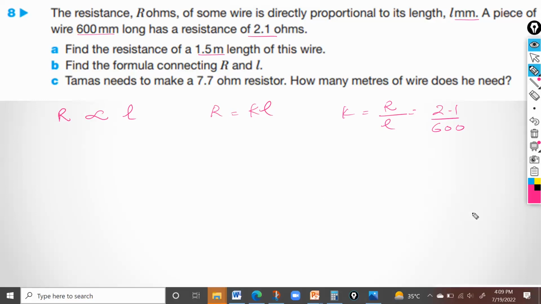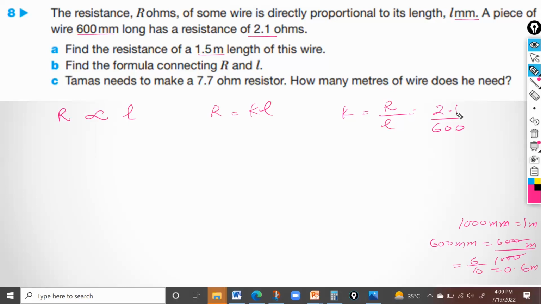I know that 1000 millimeters equals 1 meter. This means 600 millimeters equals 600 divided by 1000 meters. So if I cancel it, this becomes 6 divided by 10, means 0.6 meters.